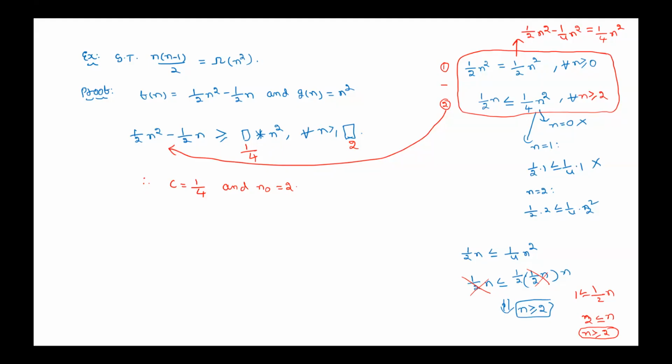Even if you have not understood the formal definition of big O and big omega, you will still be able to solve all problems without any difficulty. But if you understand it, you will be able to write proper proofs also. Is that okay? Now quickly we complete the remaining 3 notations.